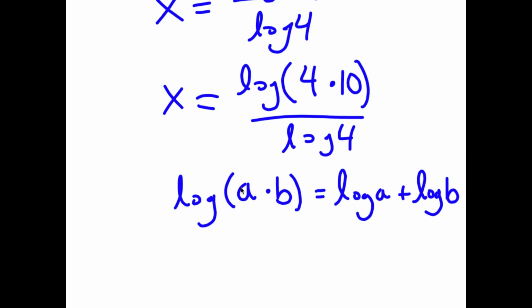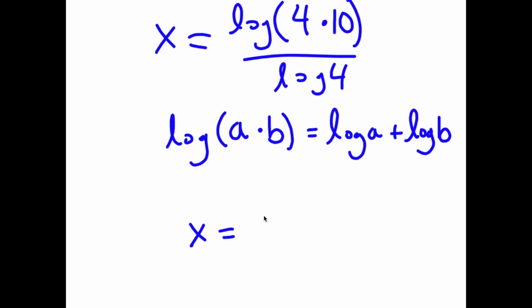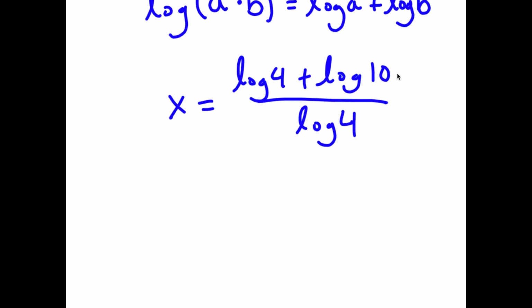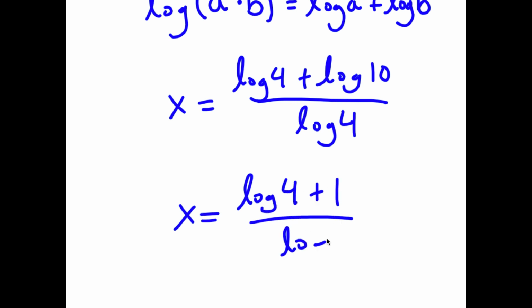So log 4 times 10 is going to equal log of 4 plus log of 10, over log 4. And if you guys already know, log 10 is actually equal to 1. So I have x is equal to log 4 plus 1 over log 4.